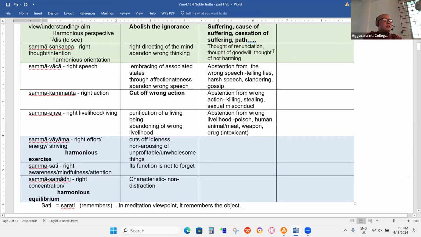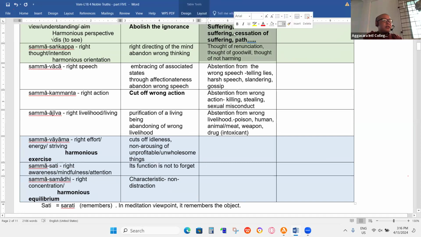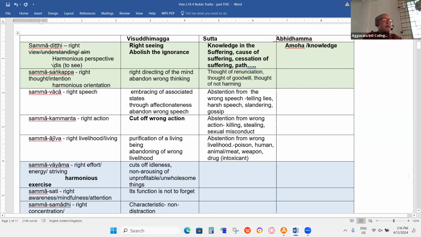All right. Now we can see these two are right view and then right thought. Then speech, action, livelihood. When you see all this, it is right speech, right action, right livelihood. This is wrong speech, wrong action, wrong livelihood. So in the sutta we have to abstain from them.